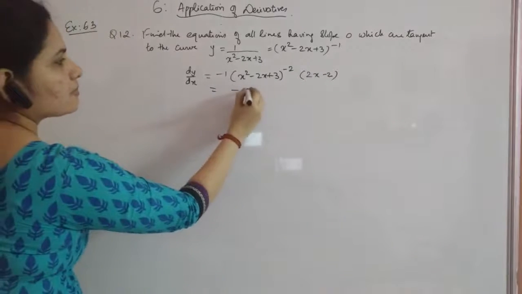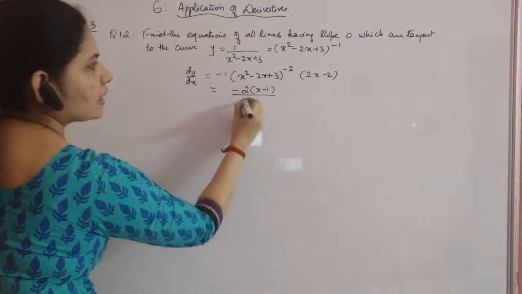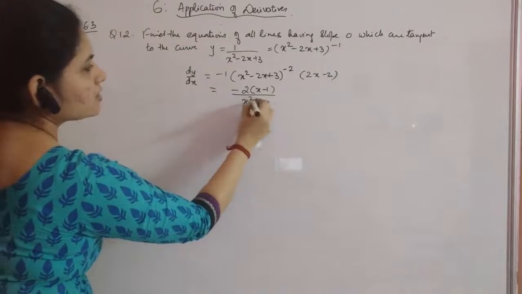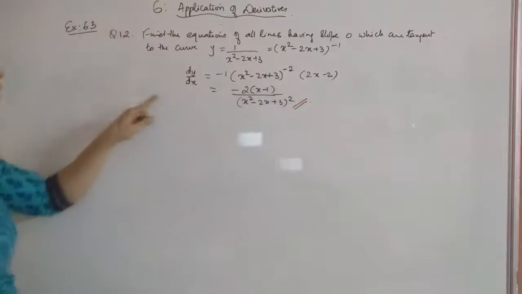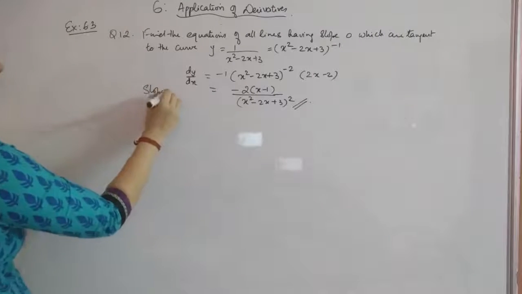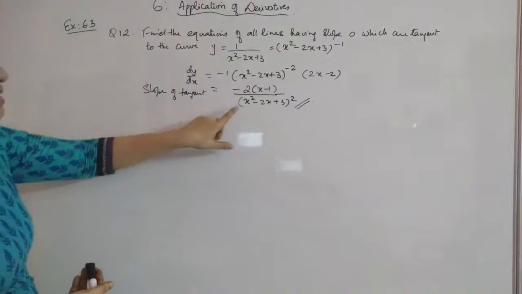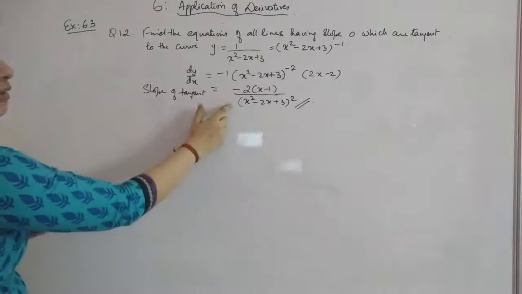That means this can be written as minus 2 into x minus 1 divided by x square minus 2x plus 3 the whole square, as the power is minus 2. So this is your derivative, or you can say the slope of the tangent. In the question the slope is given to be 0, so we will equate this to 0.